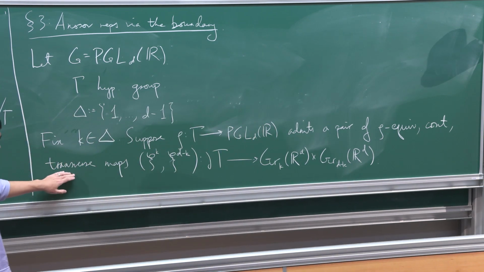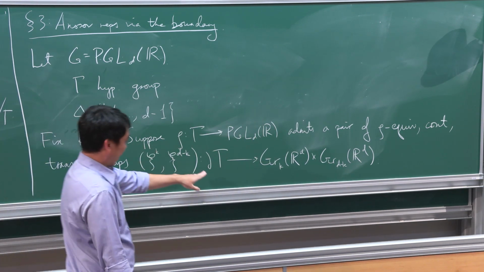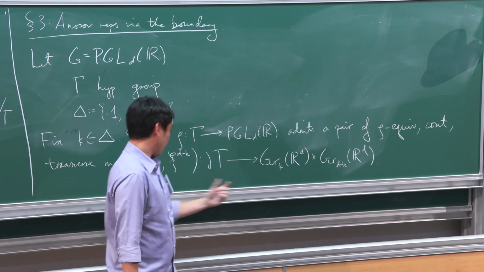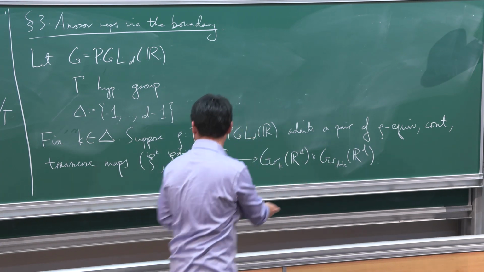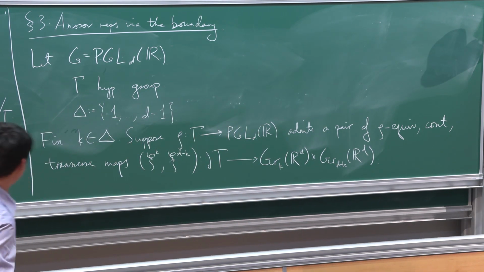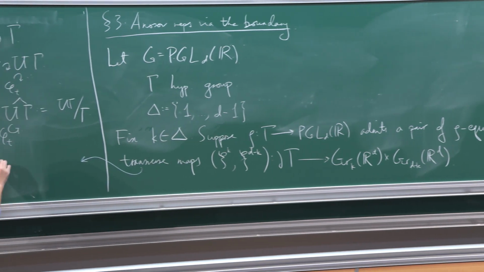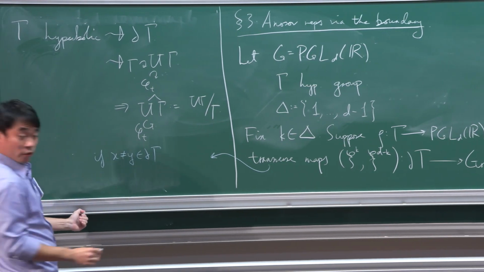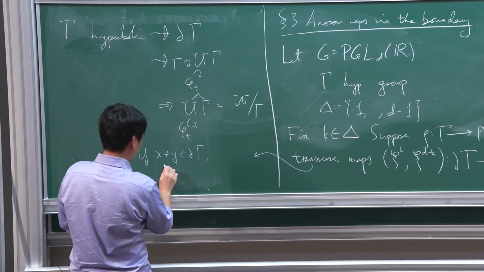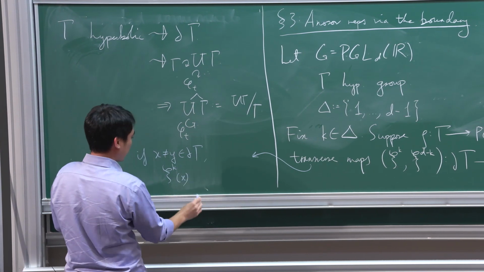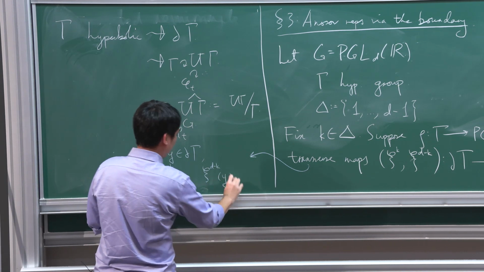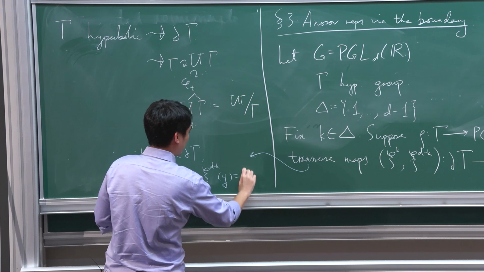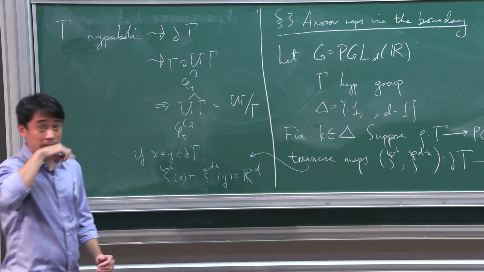C_k is the one that gives you a k-plane, and C_{d-k} is the one that gives you a (d-k)-plane. Transverse means that if you take a distinct pair of points x and y in the boundary, then the k-plane given by x and the (d-k)-plane given by y have to span R^d.